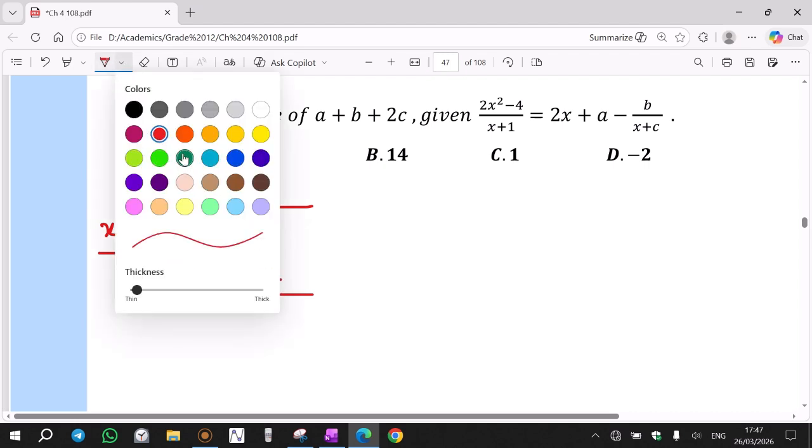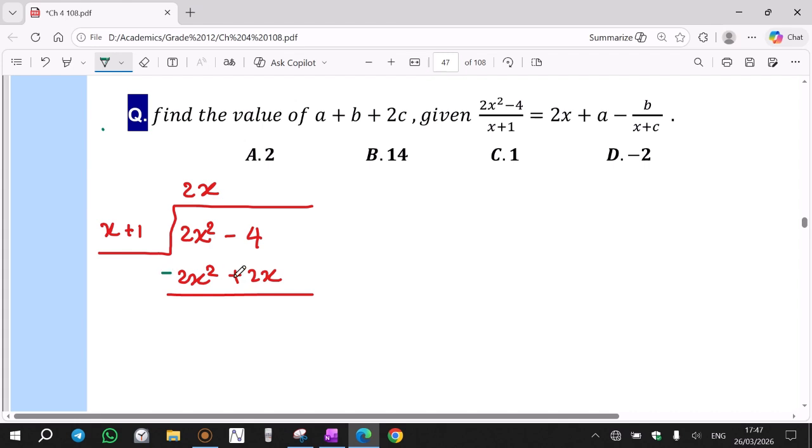After multiplication, don't forget, change the sign. Now 2x squared and negative 2x squared cancel out. What's remaining is negative 2x minus 4. Since this is a constant and this is x, they are not like terms, we don't add them together. We just write them next to each other.